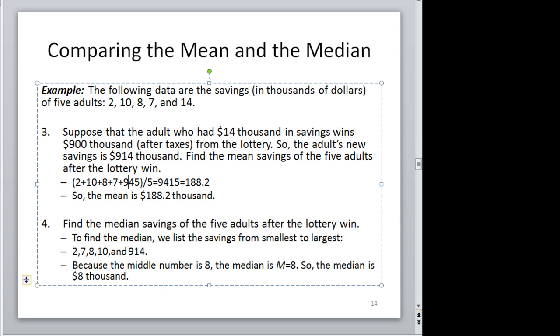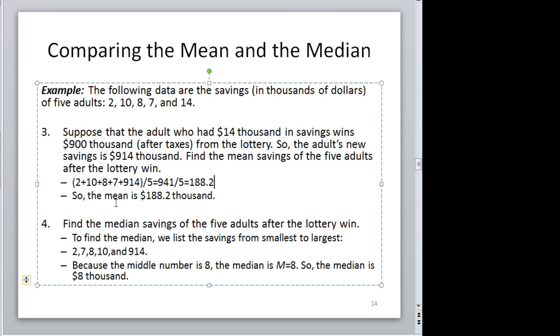That's $941, and you divide that by 5, then you get $188.2, so $188,200, right?